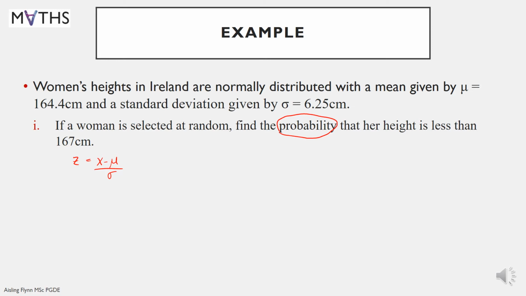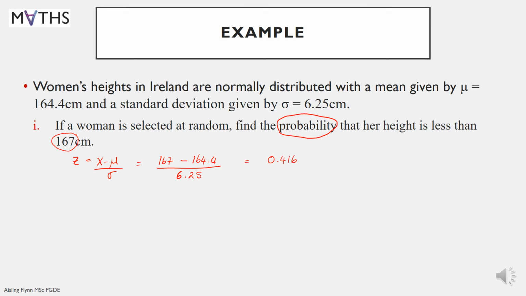So calculate your z-score. The x will be 167 centimeters, the value we're given in the question, the woman's height, minus mu, which is the mean of the population, 164.4, and we'll divide that by the standard deviation.